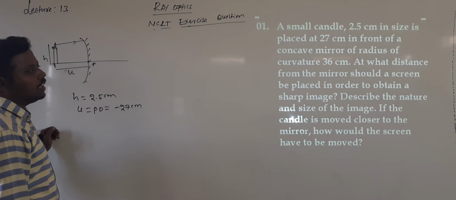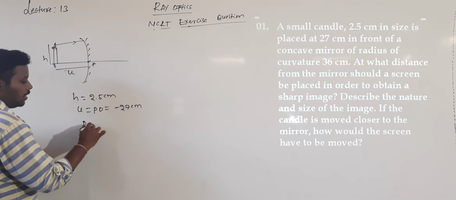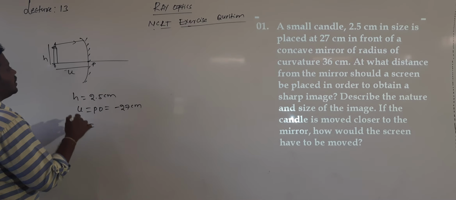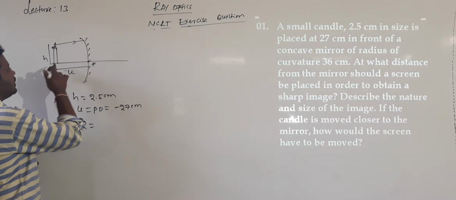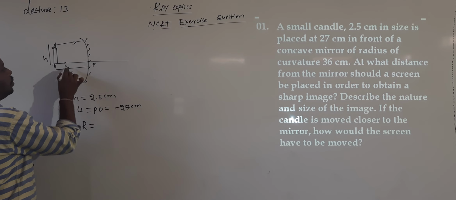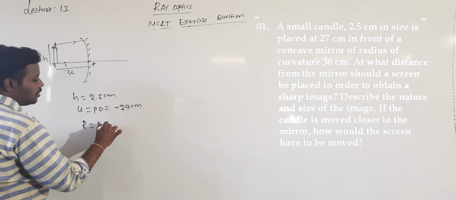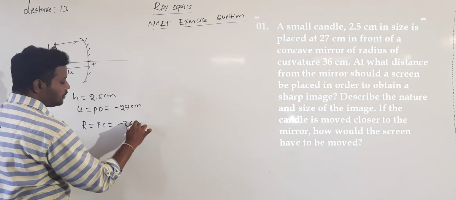Understood? Now, in front of a concave mirror of radius of curvature, the radius of curvature is given. For this concave mirror, the center of curvature will be there. The radius of curvature is the distance between the center of curvature and pole, C and P. So the radius of curvature is minus 36 centimeters.